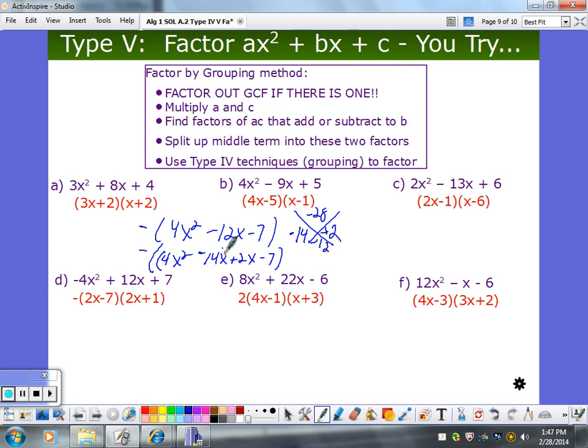I'm going to go through. So I get a negative 2x, don't back it up, wrong 2, minus 7 plus 2x minus 7. Now it's working. The 2x minus 7 comes out, and the 2x plus 1 stays in. And it's done.